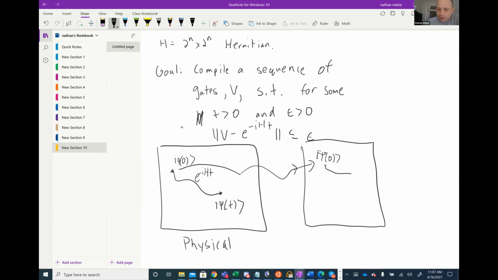Now we want to carry out a sequence of probably discrete gates, depending on your computational model, to end up yielding a final state. That final state in the quantum computer is equivalent to some state in the physical simulation that's distance epsilon away from the final state that you would end up getting. So that's our goal. This is the ultimate problem of quantum simulation. Just about every subtask in the field of quantum simulation can be reduced to this problem of simulating quantum dynamics.